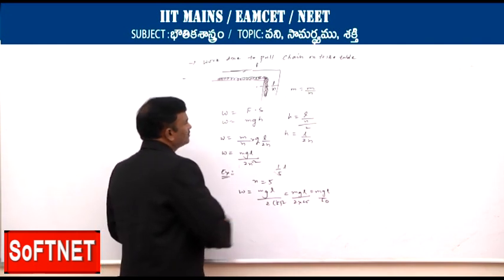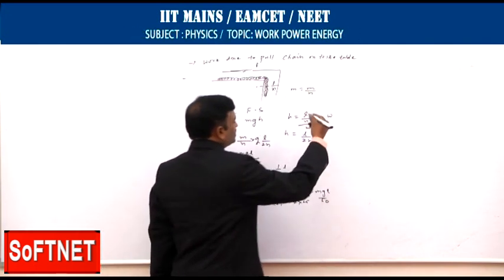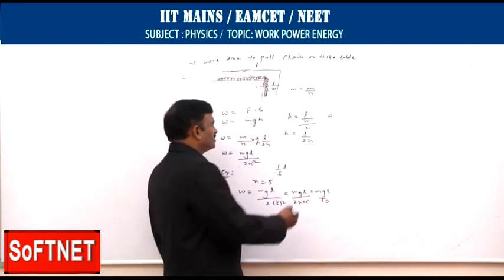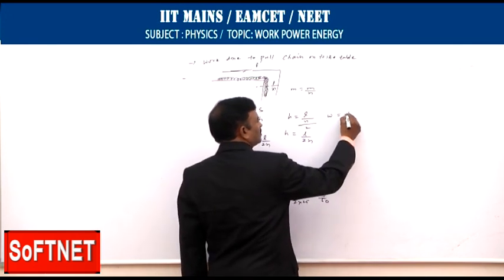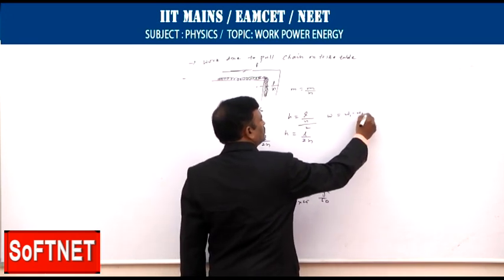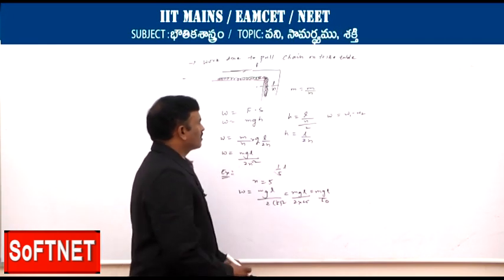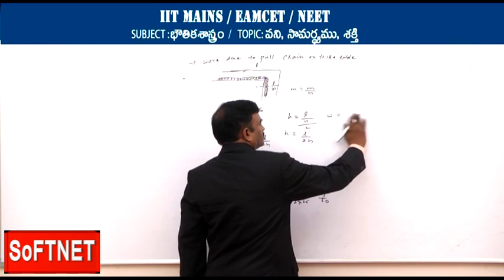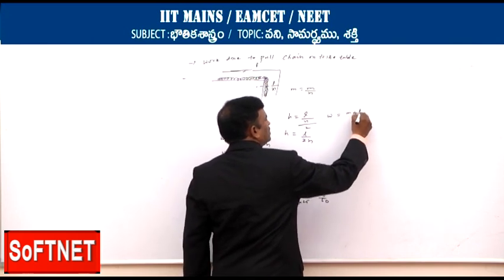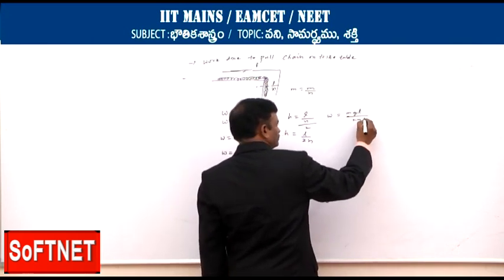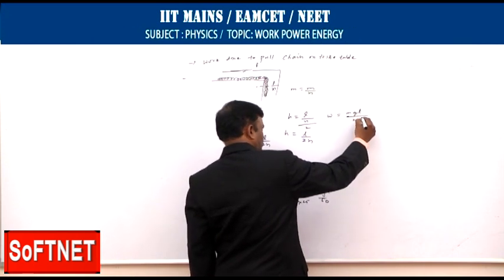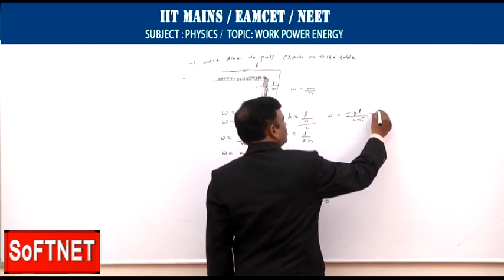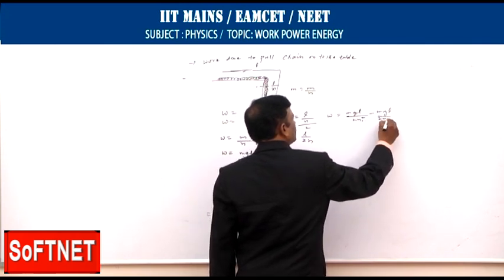So in this case, the work done by changing from one position to another position, the net work done W is equal to W2 minus W1, that is mgL by 2n2 square minus mgL by 2n1 square.